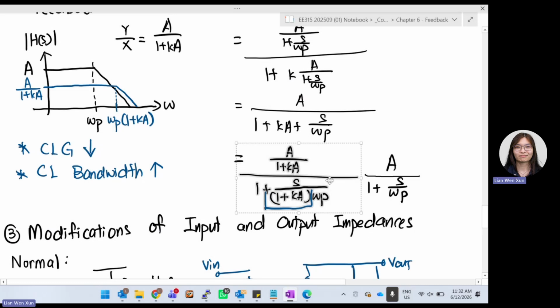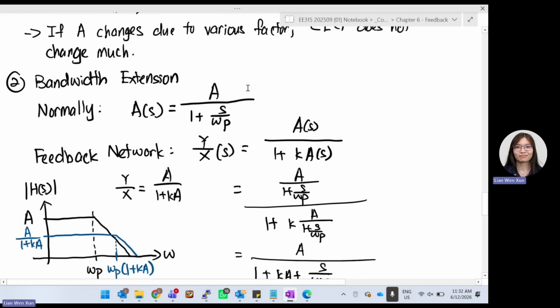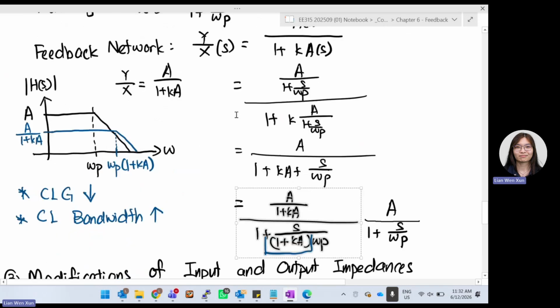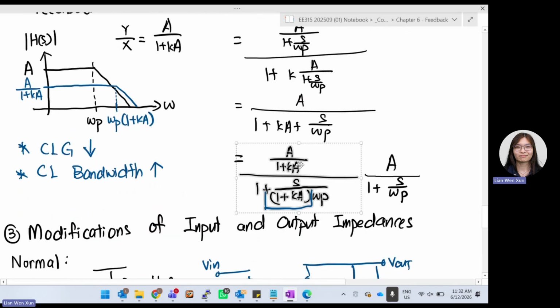So what exactly is this thing? A over 1 plus KA is my closed loop gain, and the one at the bottom is also my closed loop gain. So my gain changes from A over 1 plus S over omega P to A over 1 plus KA divided by 1 plus S over a new, larger omega P.